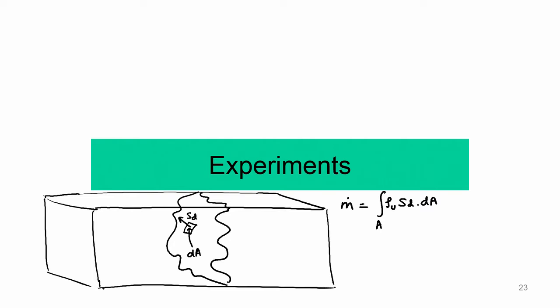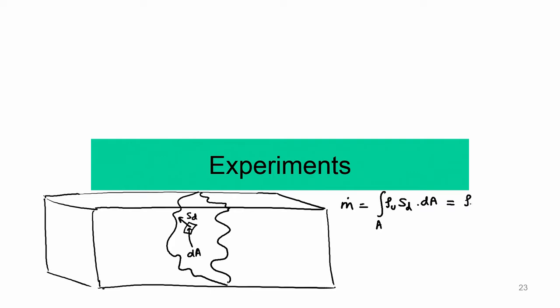So this is rho u times the local displacement flame speed times dA. Now if we want to represent this whole mass flow rate of the fuel air mixture by one average velocity of the fuel air mixture, then that is the turbulent flame speed.